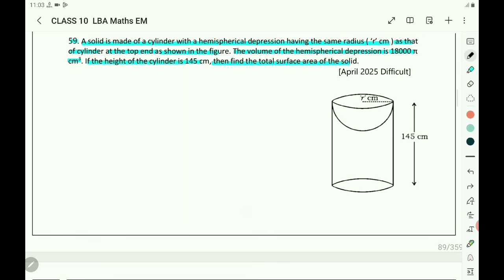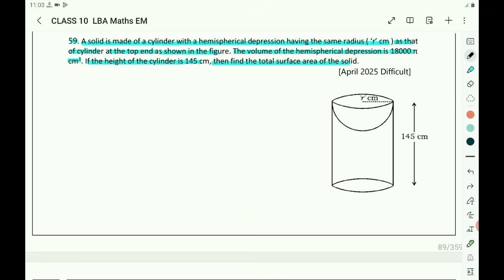Here the volume of the hemispherical depression is given. By using that volume you can get the radius of the hemisphere, and the radius of the hemisphere is also the radius of the cylinder. By using that radius and height of the cylinder, you can get the CSA of the cylinder.